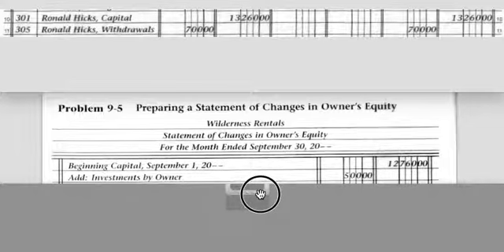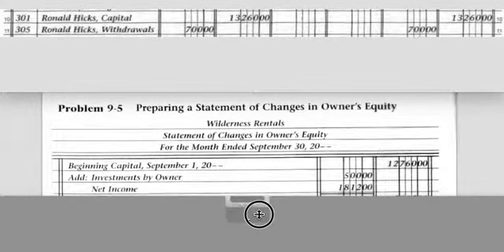Then the other thing that helped capital during the month is the net income, and that was $1,812. We can find that amount in the income statement that we prepared or even on the worksheet. We did have a net income, so that's why we list it here.